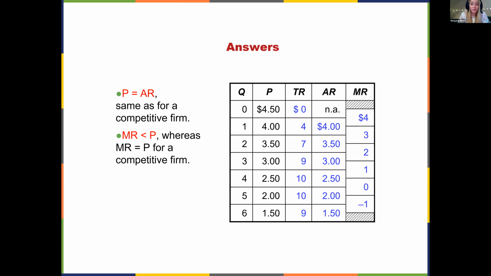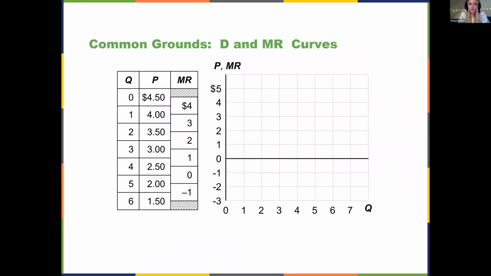If we graph out the demand curve and the marginal revenue curve for this monopoly, we can see what this relationship looks like with both of these two curves together.